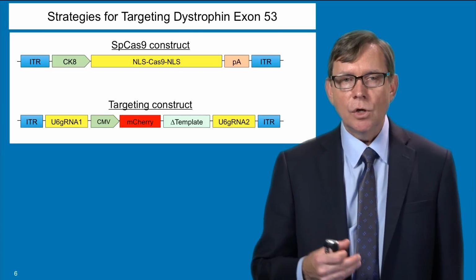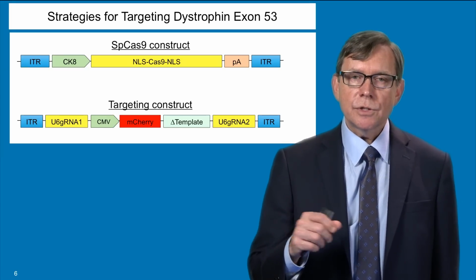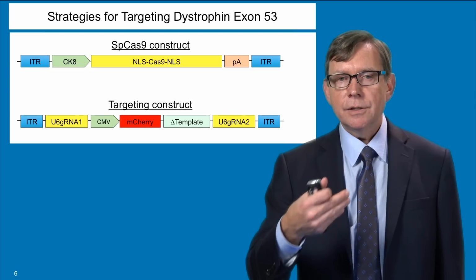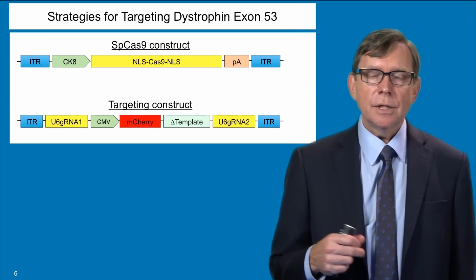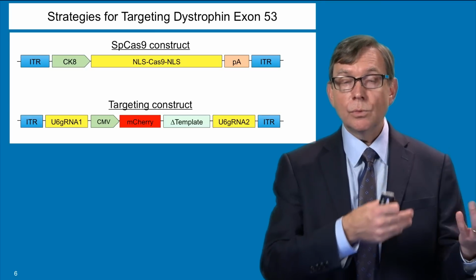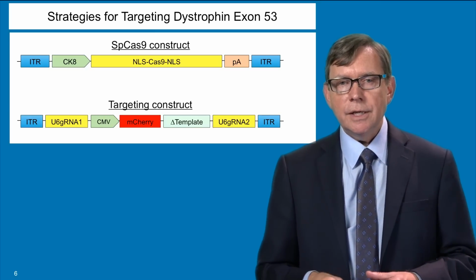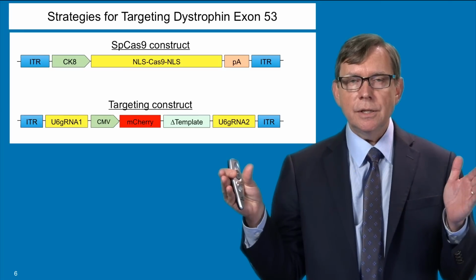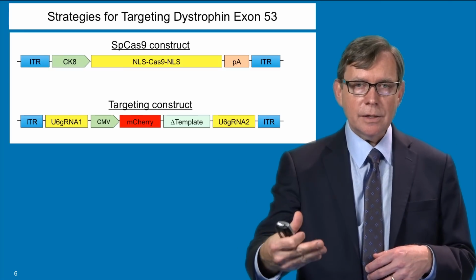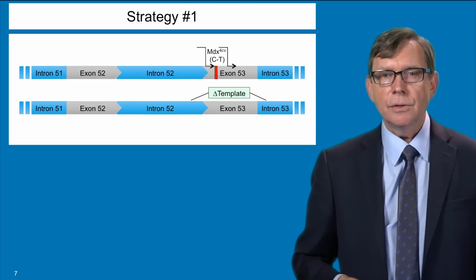So that's active in all cells, not just in muscle cells. For convenience, we've also introduced a reporter gene, which is the mCherry reporter gene driven by the CMV promoter. That's just a genetic element we put in there so that we could follow where our vector went within different types of cells. And we've also included a template which matches the normal version of the gene sequence that we're trying to correct. And I'll come back to that in a minute to break down all these different components.